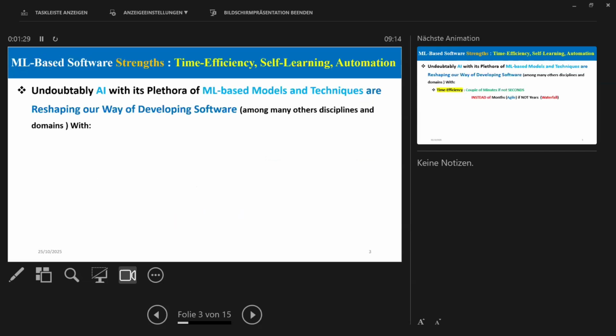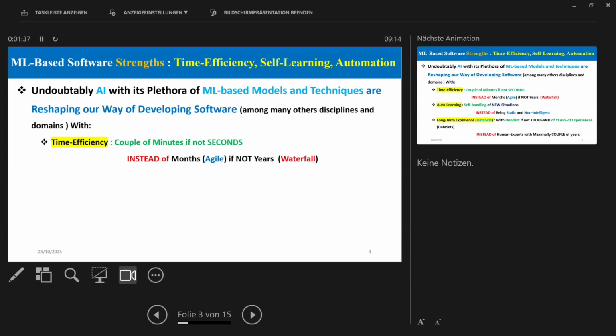It's well known, I bring nothing new here, that AI and ML-based models and techniques are highly efficient in terms of time.